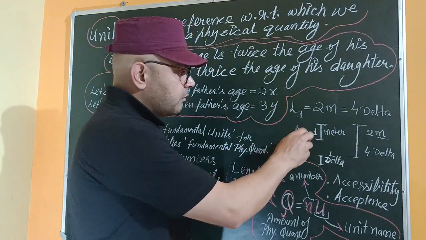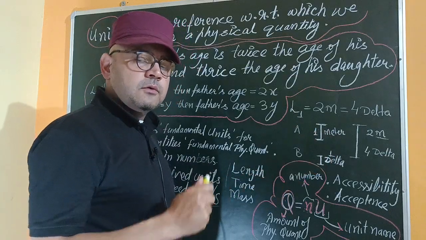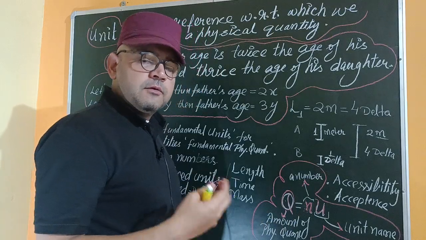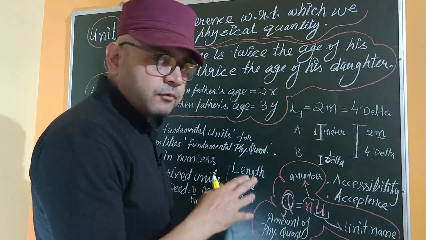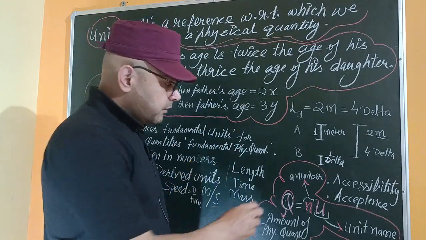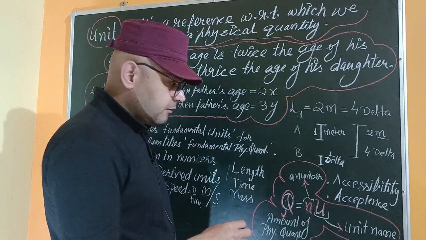It doesn't depend on the reference from which we are measuring it. So this amount will remain the same whatever unit we are using to measure it. We have a formula where this amount of substance will remain unchanged.